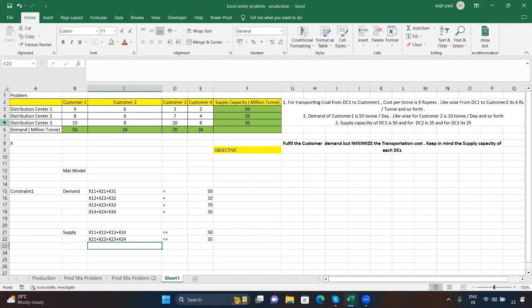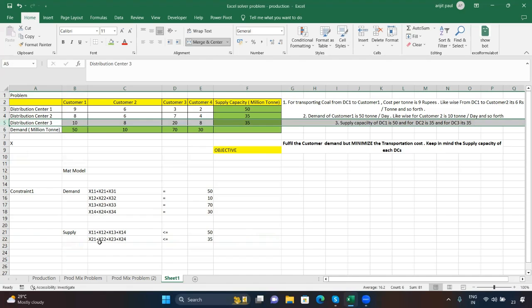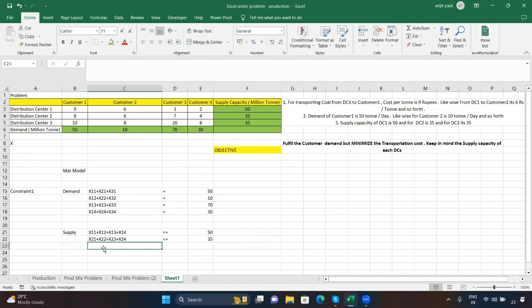Similarly for distribution center 3 we can write x31 plus x32 plus x33 plus x34 less than or equal to how much? 35. Now what is 21, 22, 23, 24?